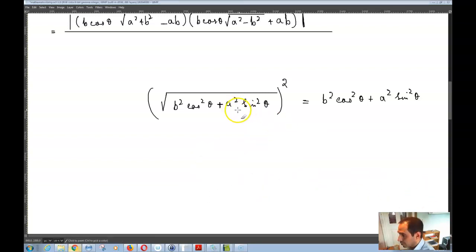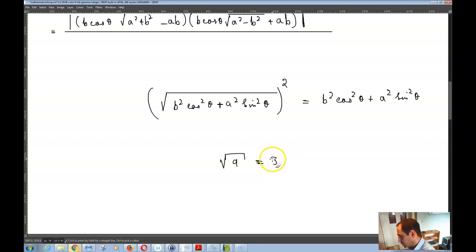But whenever you have, for example, the square root of 9, it's simply equal to 3.